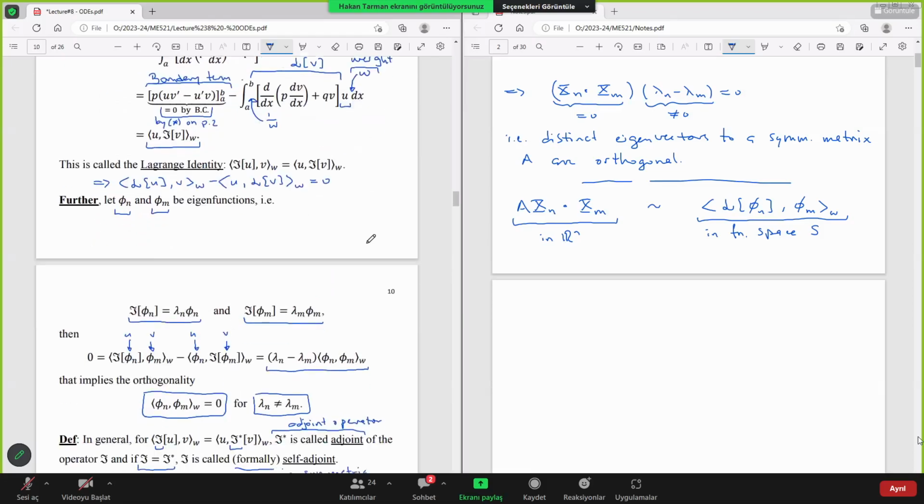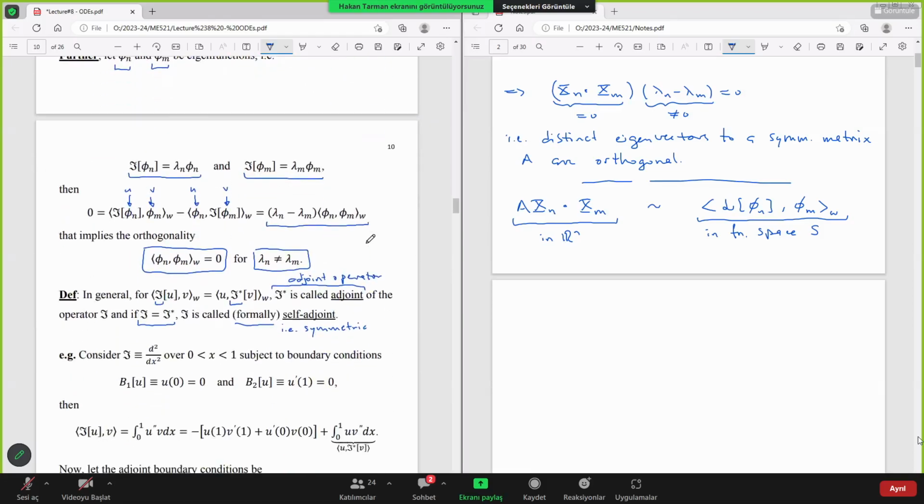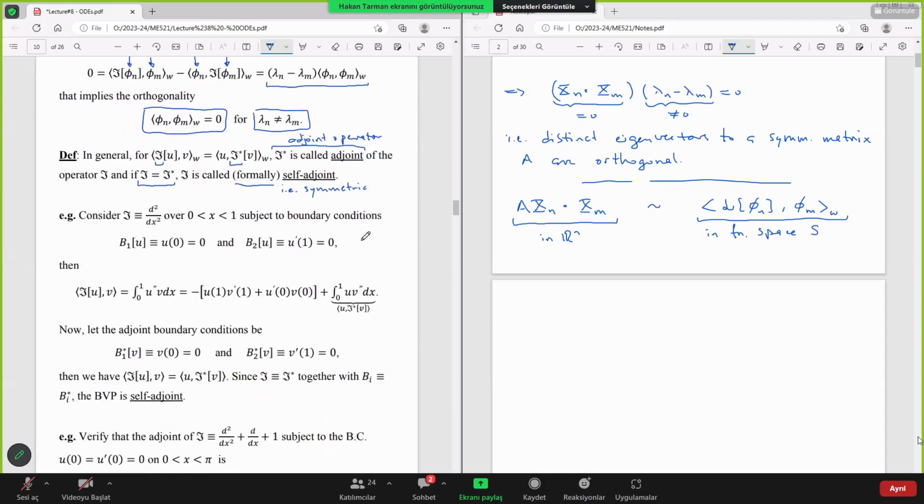All right, and so we established that if you have self-adjointness, then the orthogonality of eigenfunctions is really obvious. It comes out, okay? So let me just show you.